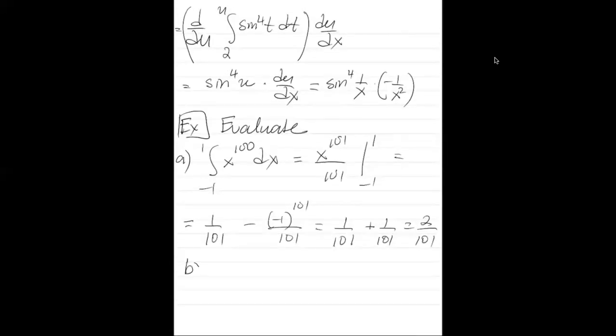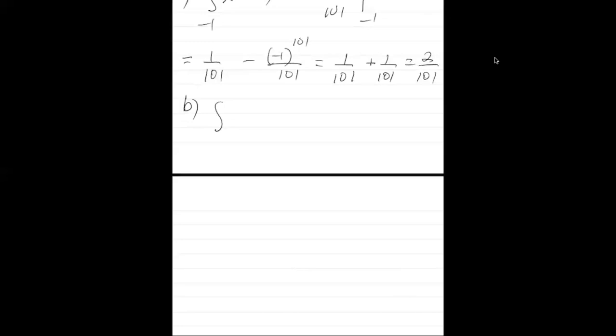So part B. Here you go. Integral from pi over 6 to pi of sine of theta d theta. The antiderivative of sine of theta, we know, is negative cosine theta. Evaluate from pi over 6 to pi.